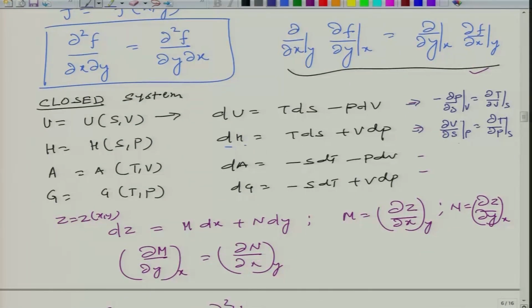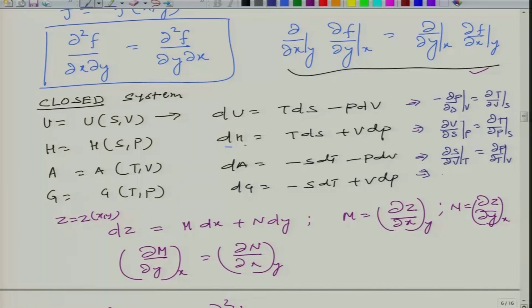We can invert this also and create a del S by del P. What I have done is take the conjugate variable and differentiate with respect to P keeping S constant, and that must be the same as del V by del S at constant P. If I use similar exercises, I can get two more relations. One is del S by del V at constant T, which is equal to del P by del T at constant V, and since both have a negative sign, it will cancel.